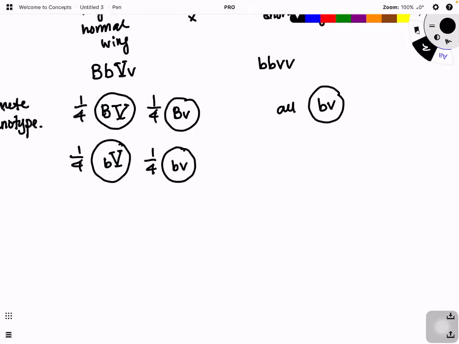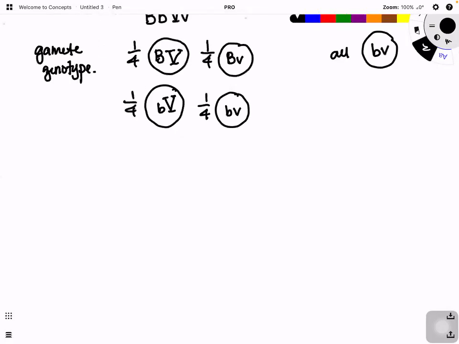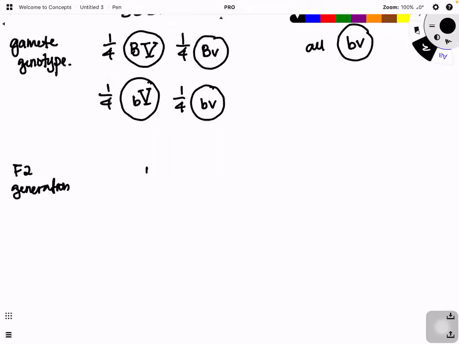So when fertilization takes place, what are we going to have for the F2 generation? You're going to have big B, big V, small b, small v, correct or not? So this one will give us the gray body, normal wing, 1/4.